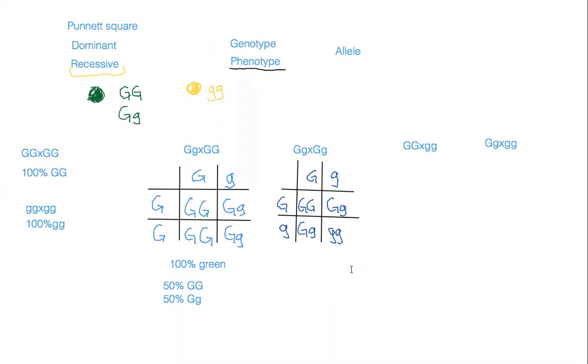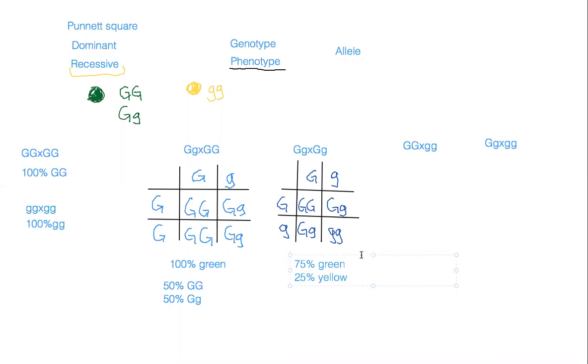And this other one. So in this case, as you may already notice, we got 3 out of 4 chances of getting a green pea. So that's going to be 75%. 75% will be green. But the interesting thing is that 25% of them will be homozygous for the recessive trait. So in this case, it will be yellow.